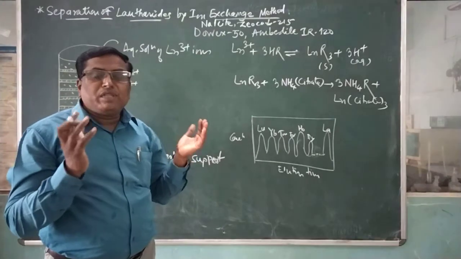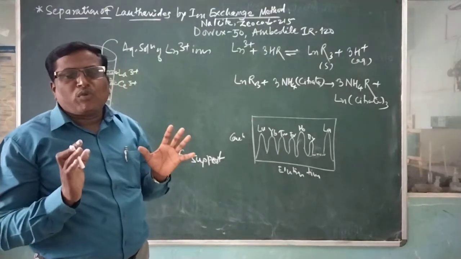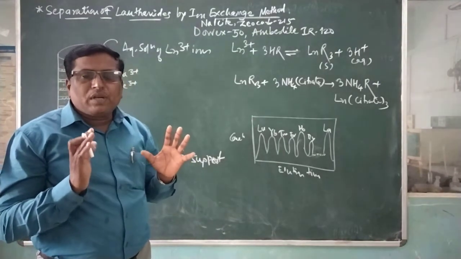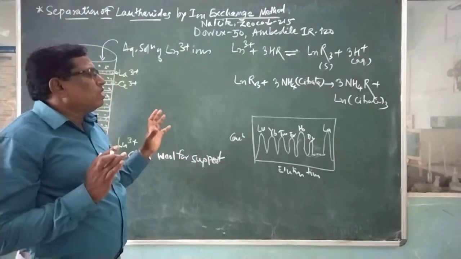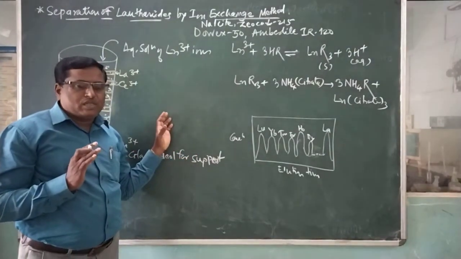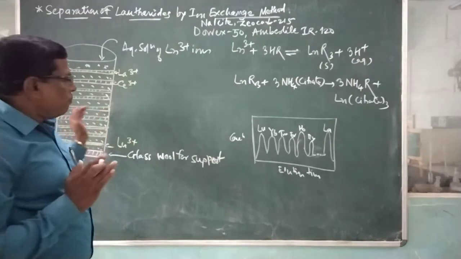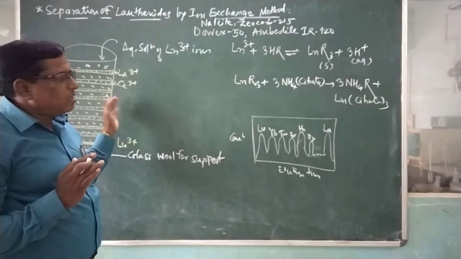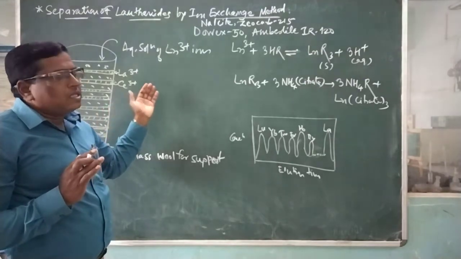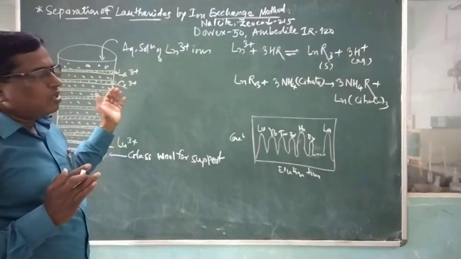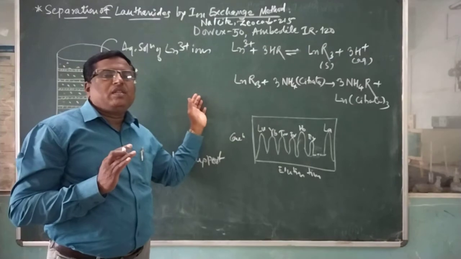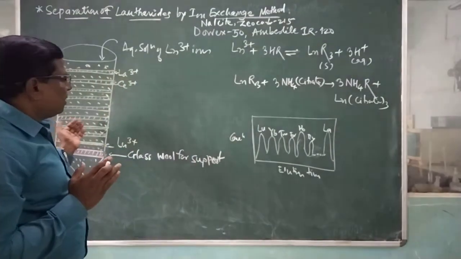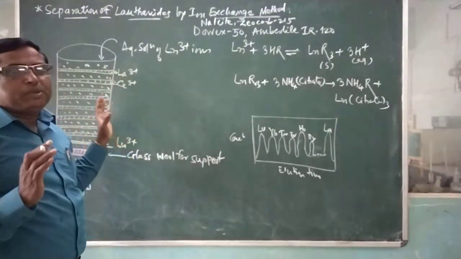When the size decreases, the very small ion will first react with the ammonium citrate solution, and it can form bands in the separation. Therefore, selectivity increases with decrease in the size of the cations, that is, lanthanides.